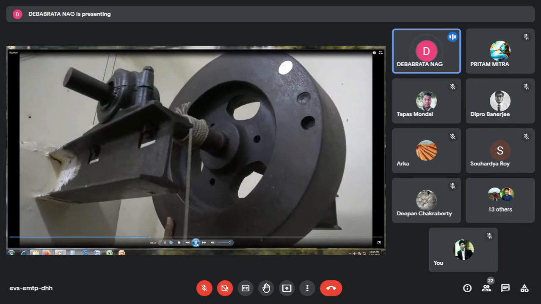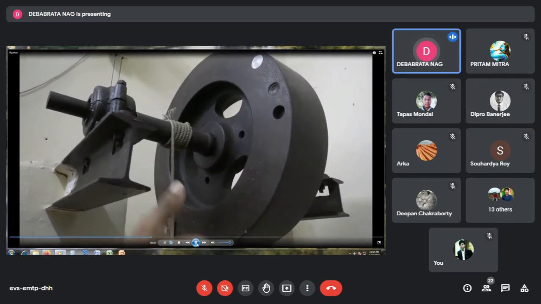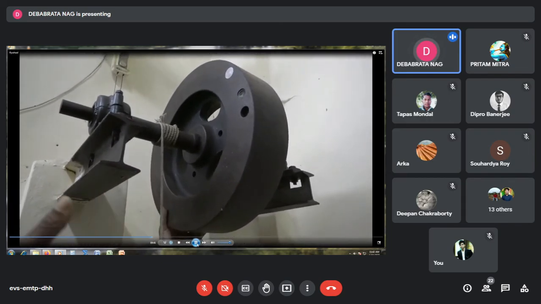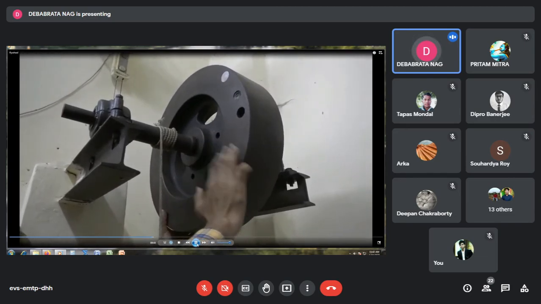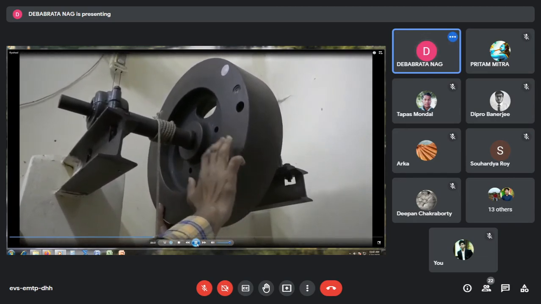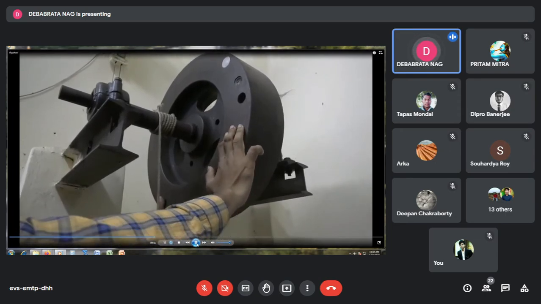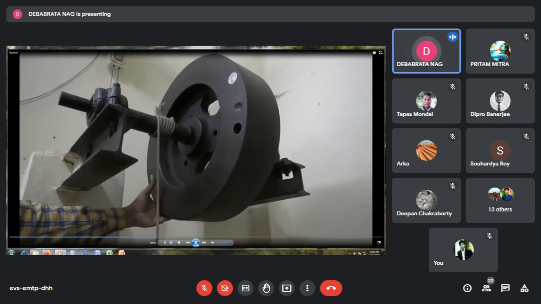With this predefined height and these two times T1 and T2, we can follow certain kinematic and kinetic calculations to find the mass moment of inertia of this flywheel. And if you know the mass of the flywheel, we can find its radius of gyration.